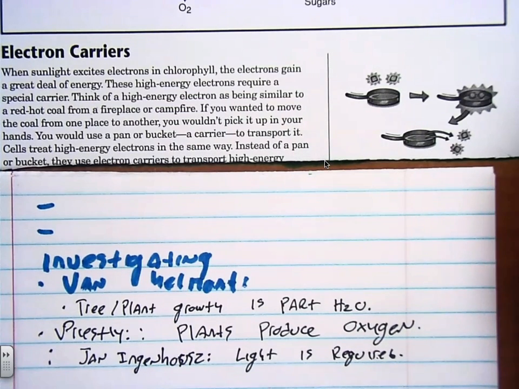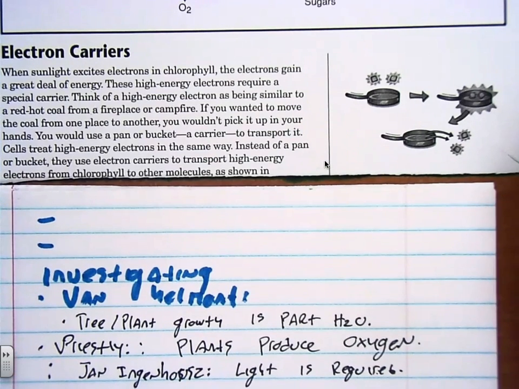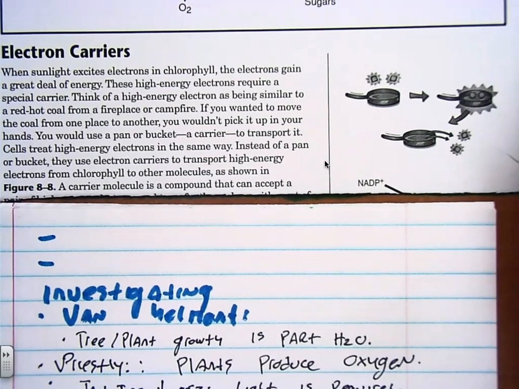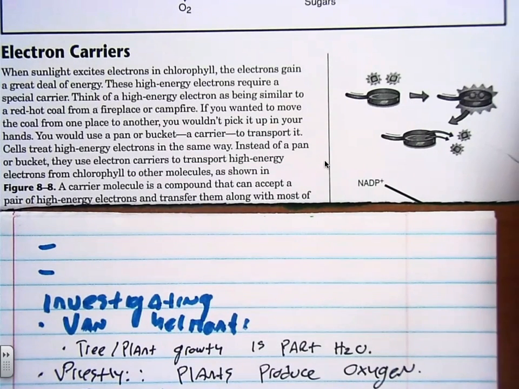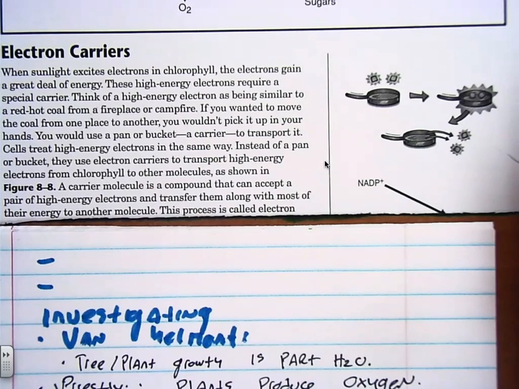Instead of a pan or bucket, they use electron carriers to transport high-energy electrons from chlorophyll to other molecules, as shown in figure 8-8. A carrier molecule is a compound that can accept a pair of high-energy electrons and transfer along most of their energy to another molecule.